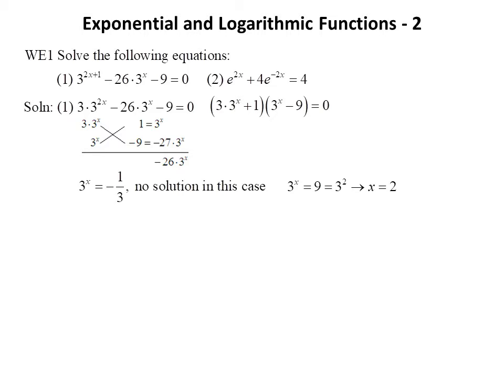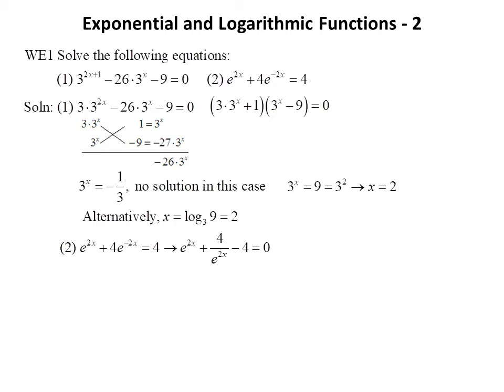Since 3 to the x is always greater than 0, the only solution for 3 to the x is 9. Therefore, the solution for this equation is that x equals 2. Alternatively, you may transform to the logarithmic expression to obtain the solution.